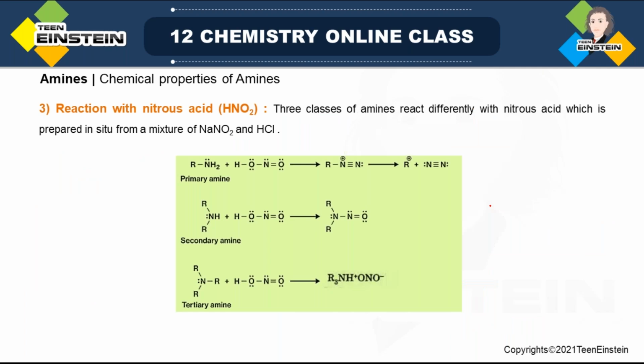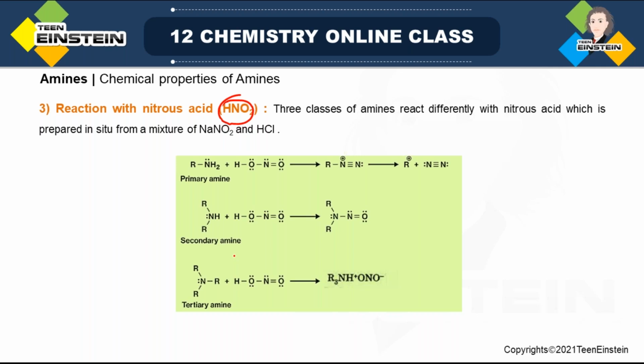After acylation, the third reaction is reaction with nitrous acid. Nitrous acid is HNO2. 3 different types of amines, I mean 1 degree, 2 degree, 3 degree, react with nitrous acid and different types of observation will be there. One important thing, here we do not use HNO2 directly because this molecule is not very stable.